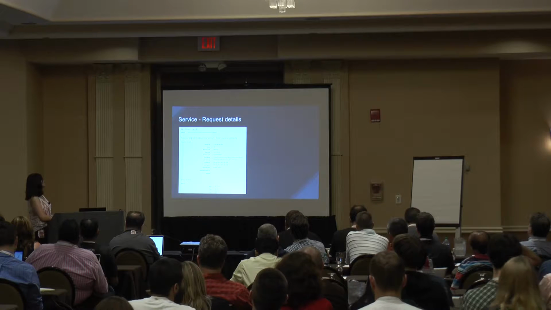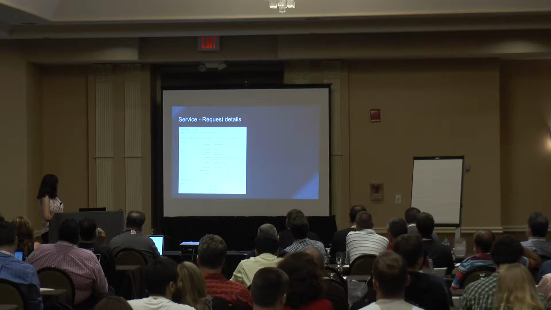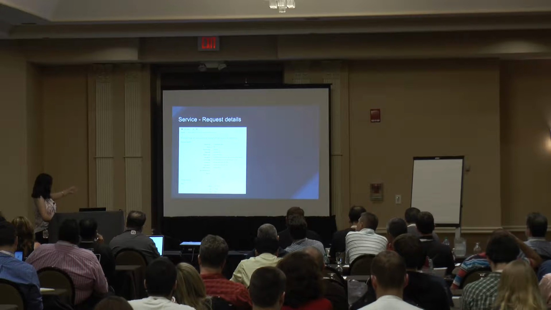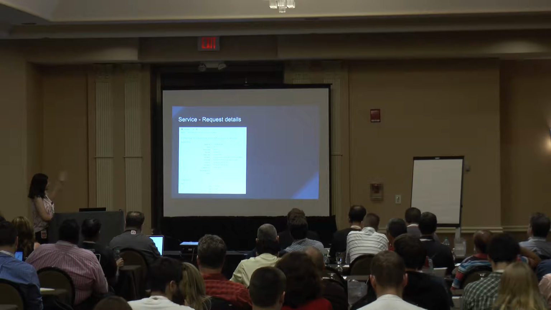And that's a request summary screen for the service. And you can see the details on the service details screen. And admin can go in and approve or deny a service. I'm sorry, not the service, the request.